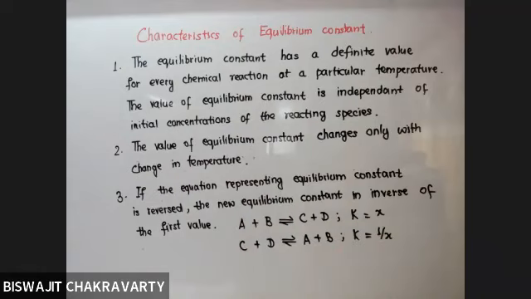Yes, sir. So this is one of the very important relations: when you write an equilibrium reaction in reverse, the equilibrium constant becomes its inverse, its reciprocal. It will be reciprocal of the initial value.